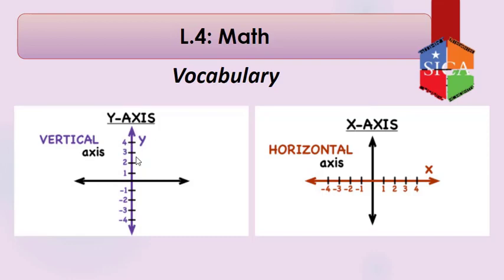Y-axis. This is the y-axis, the vertical one. Vertical axis is y-axis. And we have x-axis. This is the horizontal one. Horizontal axis is x-axis.